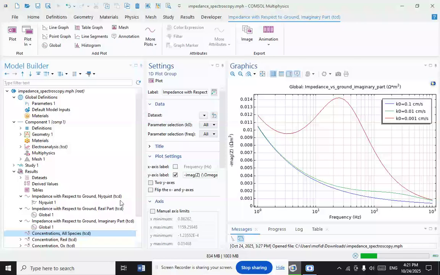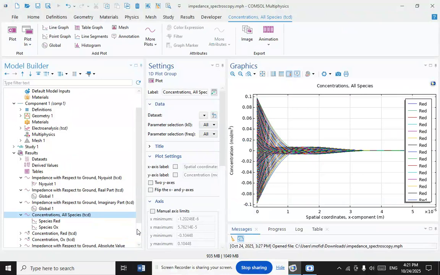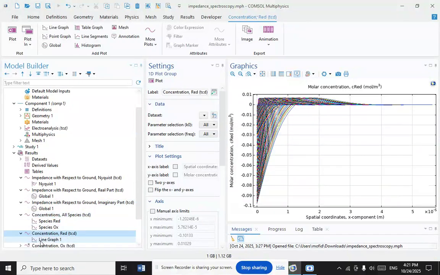The next is concentration with all species. I can see the spatial coordinate and also concentration in mole divided by cubic meter. The next one is concentration of R and concentration of OX.